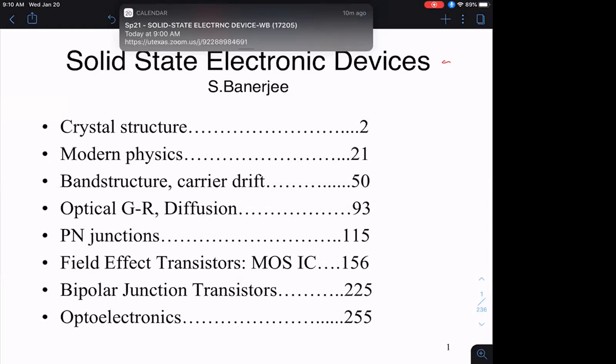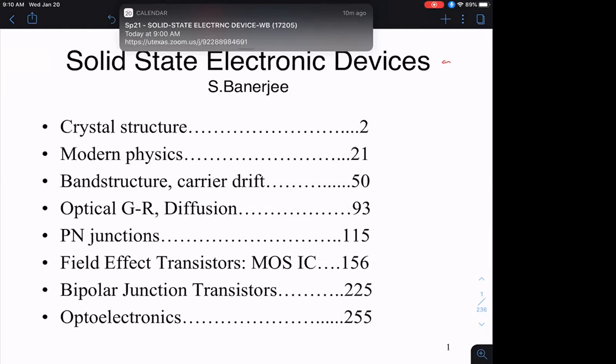I don't spend a lot of time on chapters 7 and 8, which is bipolar transistors, because although the first transistor that was invented was actually the bipolar transistor, and for the next 20, 30 years, that was a dominant transistor technology.